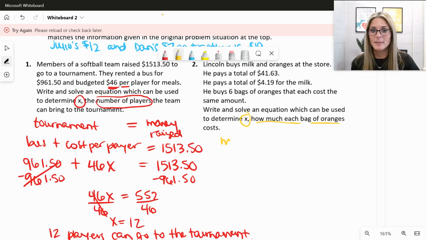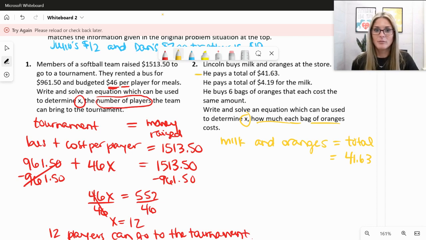Okay, so Lincoln bought some milk and oranges, multiple bags of oranges, and it is equal to a total. They told us that total was $41.63. In the second statement up here, the milk was $4.19, and he bought oranges.